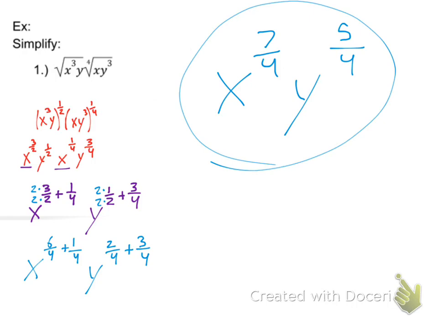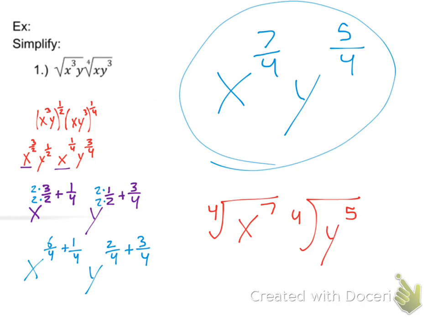So it'd be the 4th root of x to the 7, and then the 4th root of y to the 5th.